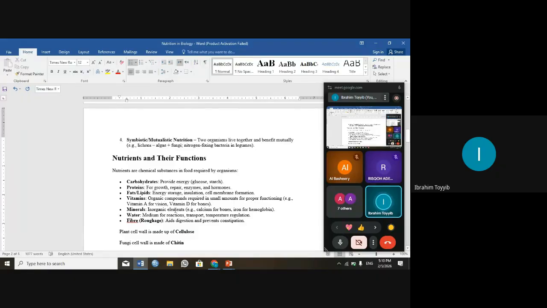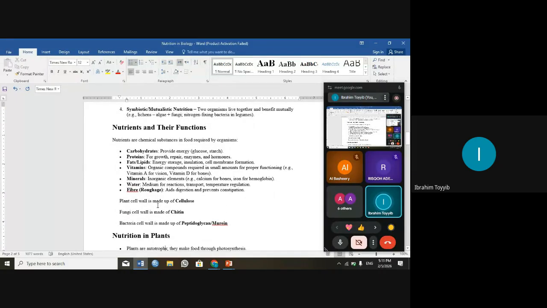The deficiency of vitamin D is rickets or soft bone. The deficiency of vitamin A will be poor vision. We'll learn about those vitamins and their deficiencies also, because we have two types of vitamin: fat soluble and water soluble.